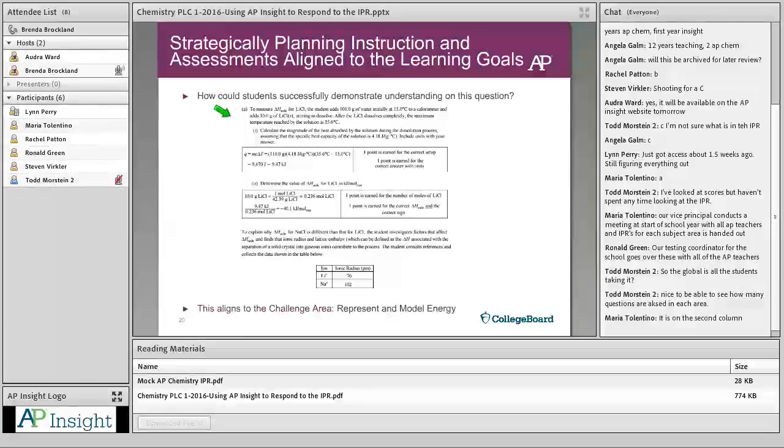And so you might look at it, and I know for myself, sometimes I look at the rubric and I think, oh yeah, my kids could totally do that. But if I saw in the IPR that they were having some struggles with the thermodynamics section, then it might be true that they were also having some struggles in this area as well, where they're calculating with calorimetry.